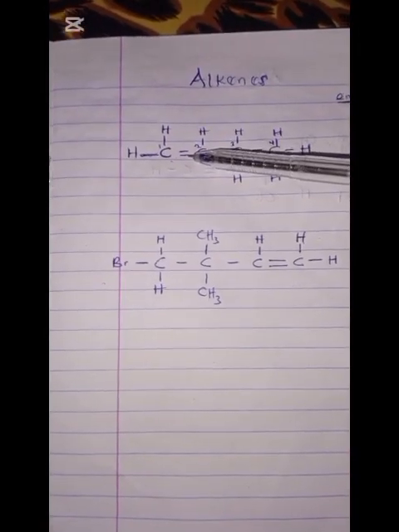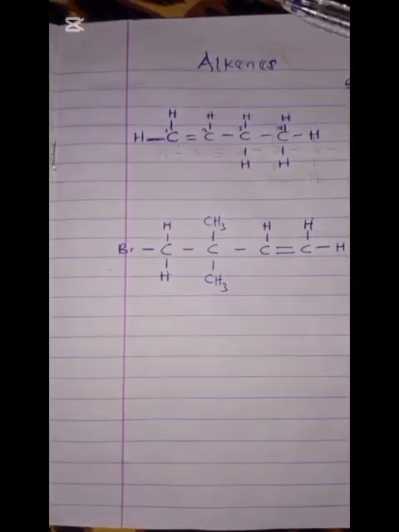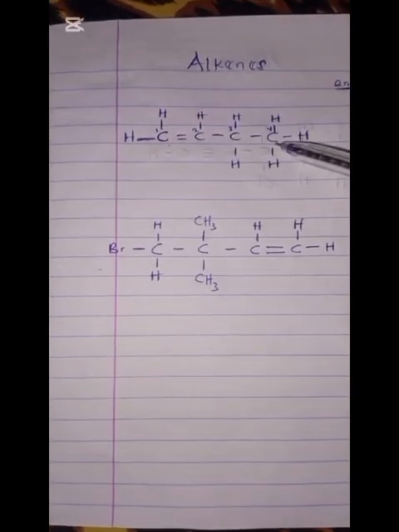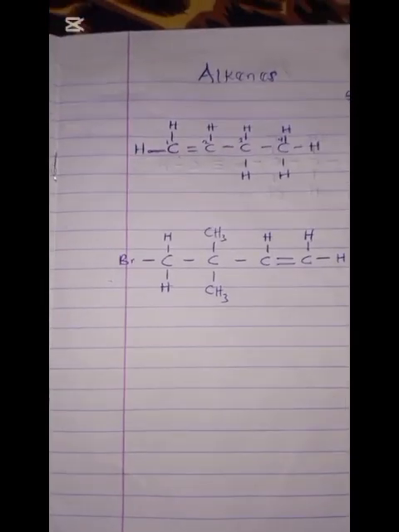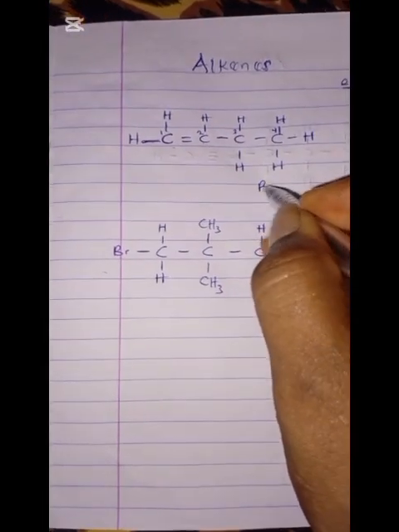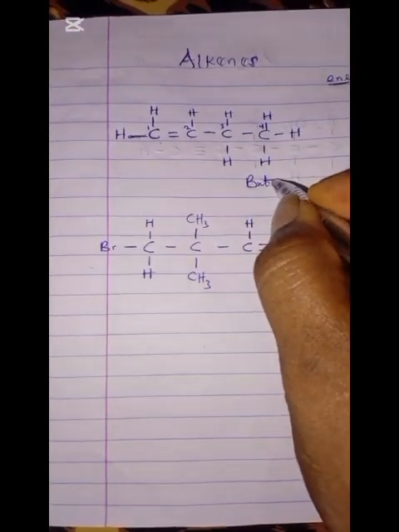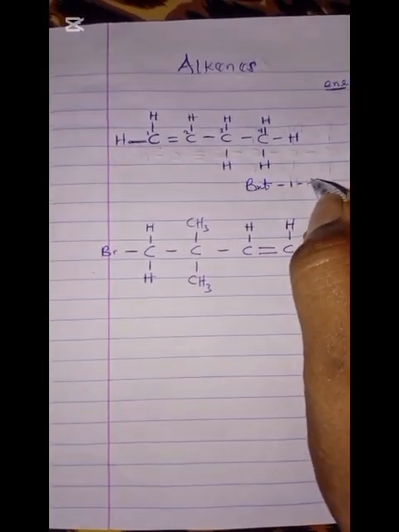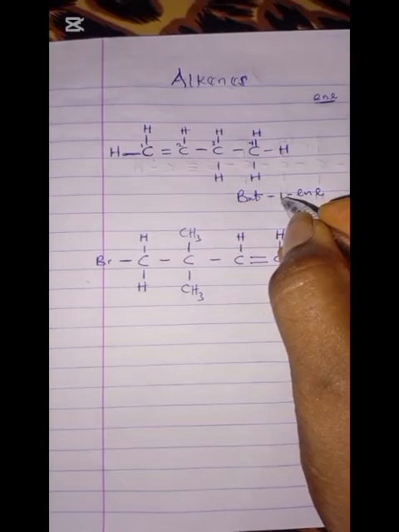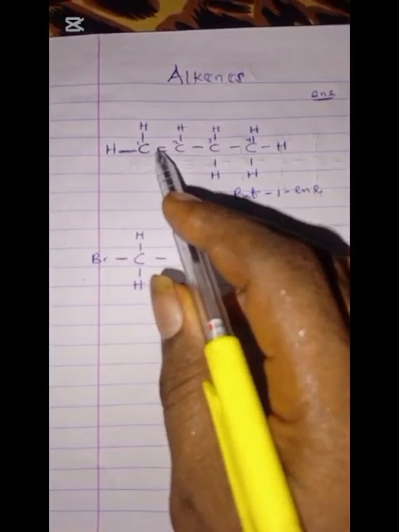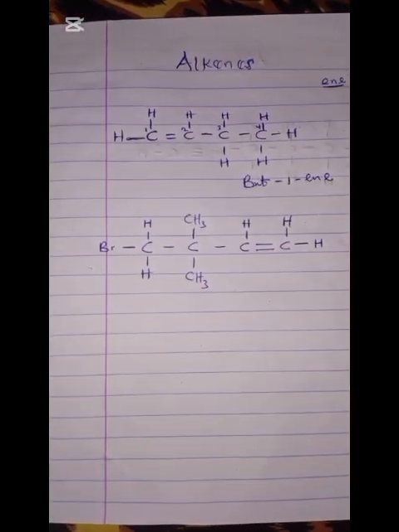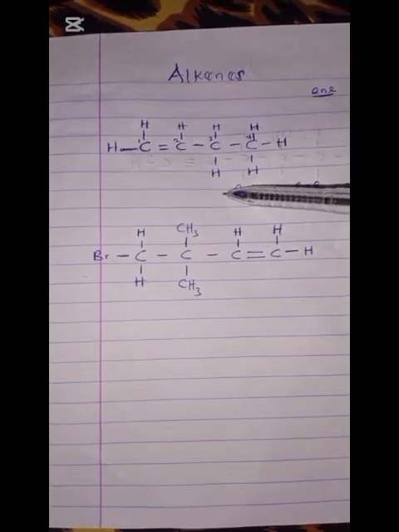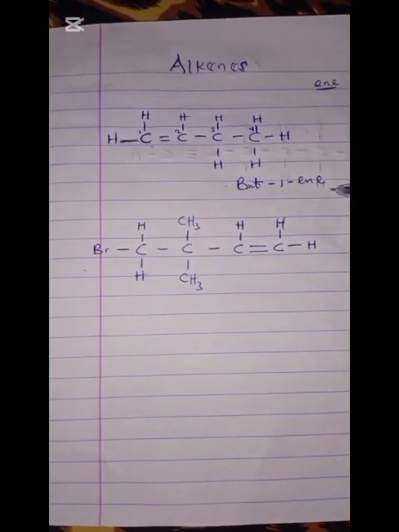That means the functional group will be given carbon 1. Since we have 4 carbons there, that is but. So this compound is named but-1-ene, as a result of giving the functional group carbon 1. You can also call it 1-butene.